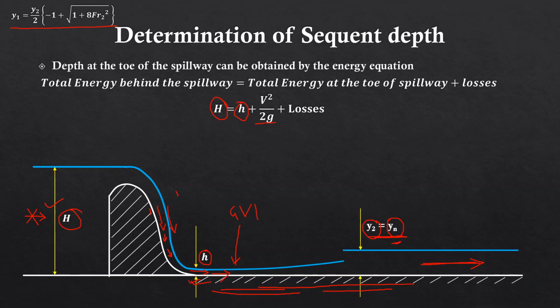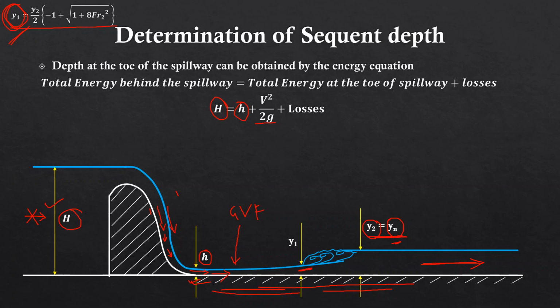So the depth of flow will increase slowly along this kind of curve. Now at some point this depth will become equal to this depth y1, that is the depth required for formation of the jump. Let's say that depth becomes equal to y1 at this location. That means at this point the jump will form, and we'll get this kind of hydraulic jump.